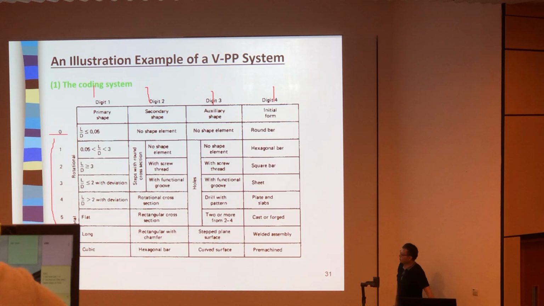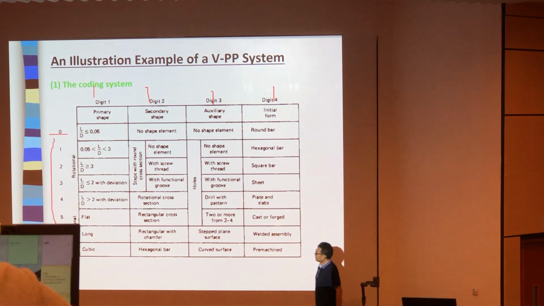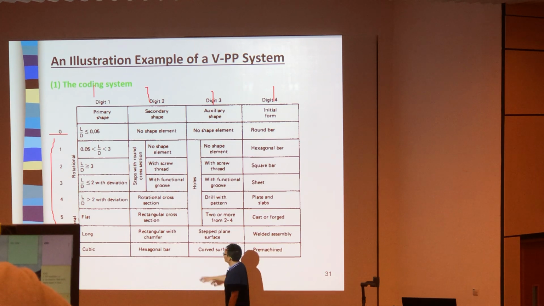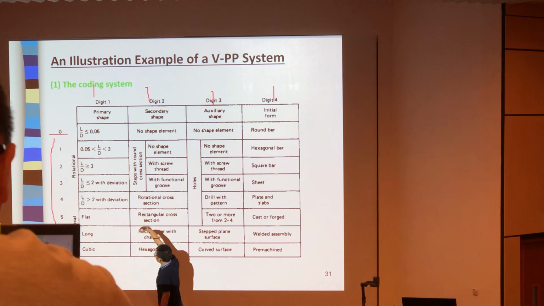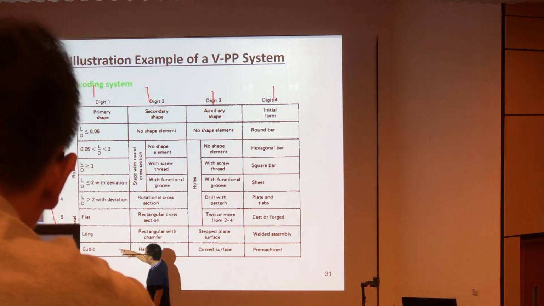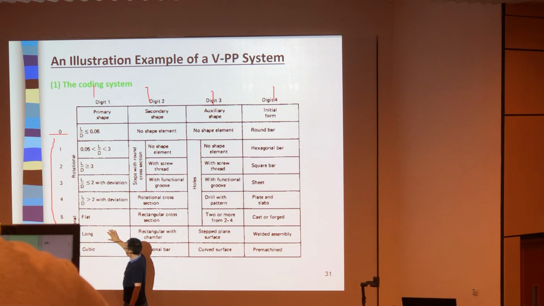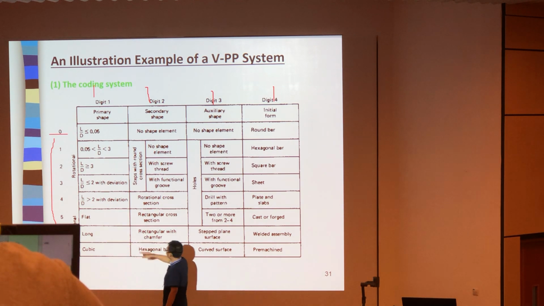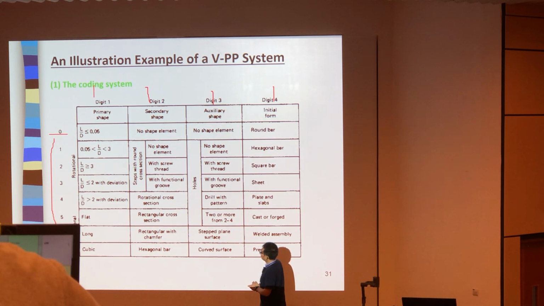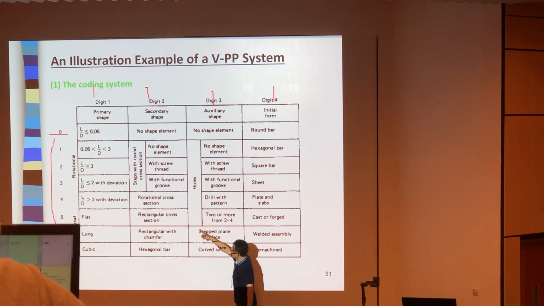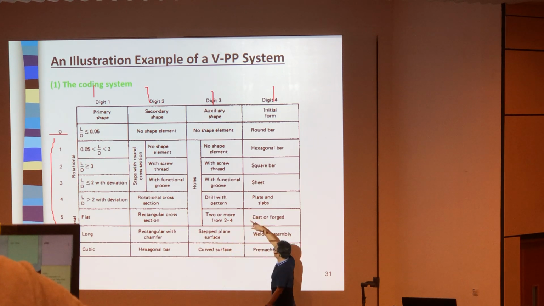This is unlike our OP system, the one we have introduced. It's not a rotational part. It's non-rotational, 6-5. It's a long part, actually a prismatic. 6514, so rectangular cross section, 1 and 4.